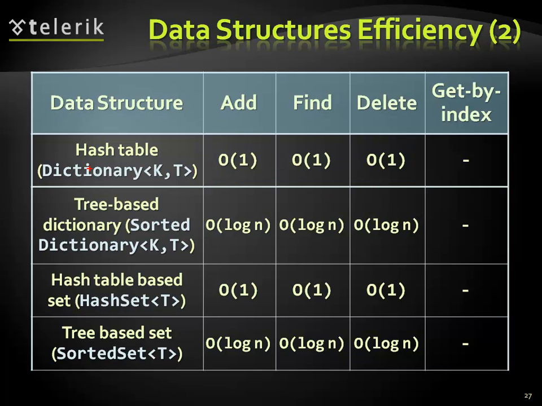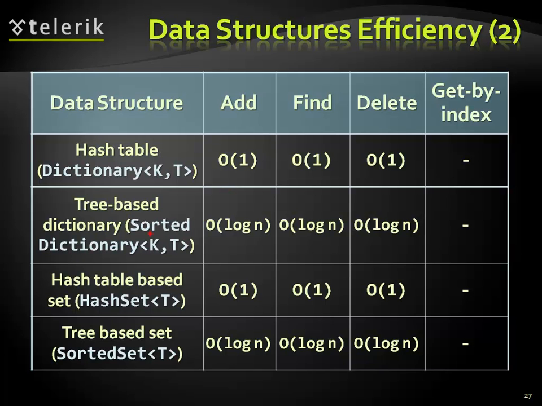Tree-based dictionaries, we said, use balanced trees. Balanced trees always work with logarithm of n. So basically, everything is logarithm of n with them. Adding elements, deleting elements, finding elements, it's always logarithm of n. And when you're searching for a sorted data structure which is fast, you use a balanced tree.